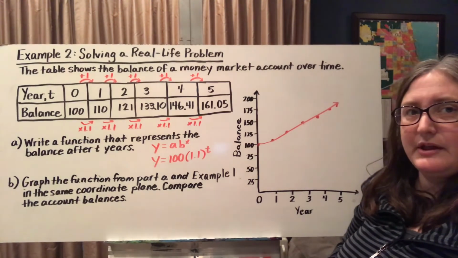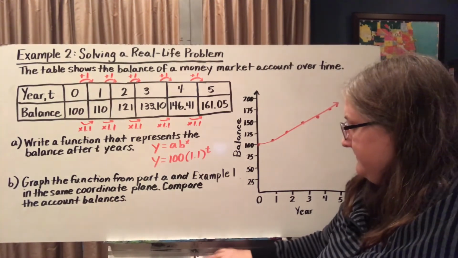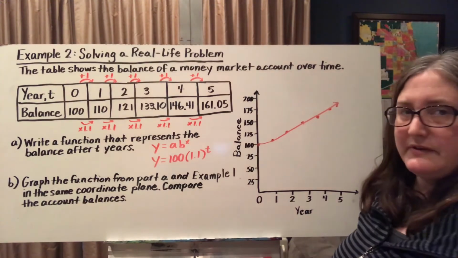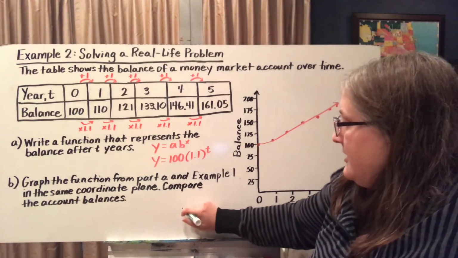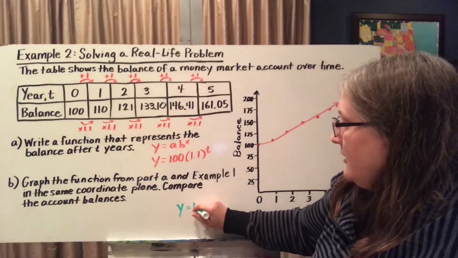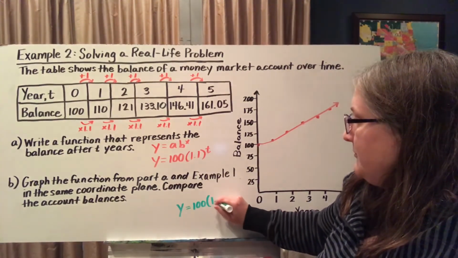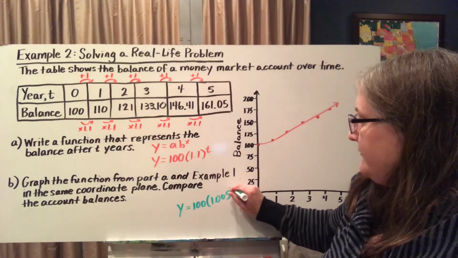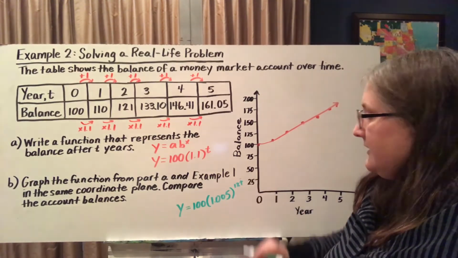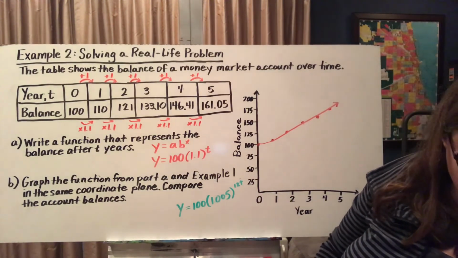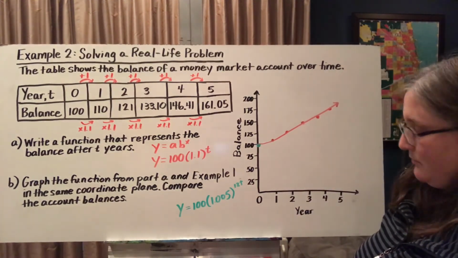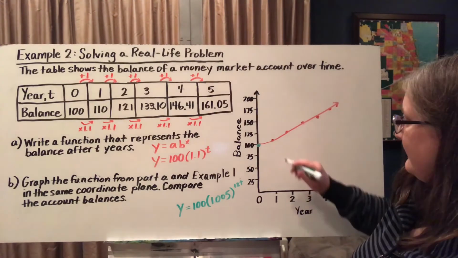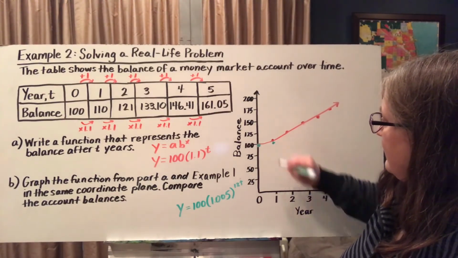Now I'm going to do the same thing for my savings. Now my savings account, I had to actually go back to my formula, the y equals 100 times 1.005 to the power of 12 times t, and get some data points. So when I plugged in 0, I got 100. When I plugged in 1, I got 106.17, so just look here.